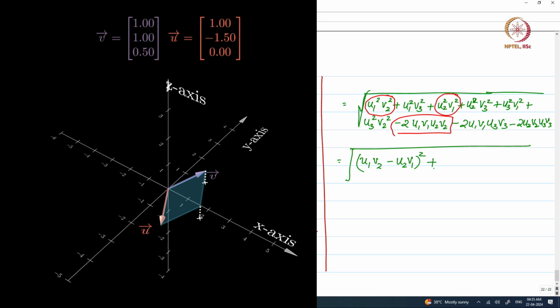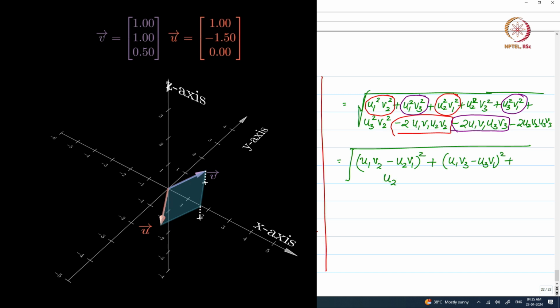if you look at the next one, it is u1 v3 and u3 v1. So, I have u1 v3 minus u3 v1 the whole square, which is basically this term, plus, okay, what do we have?